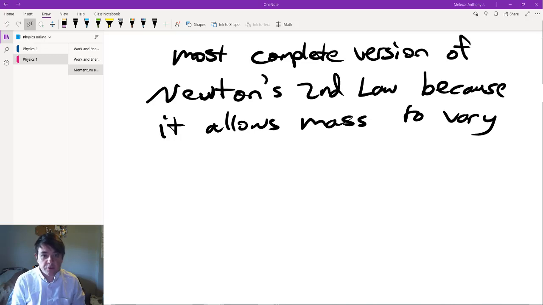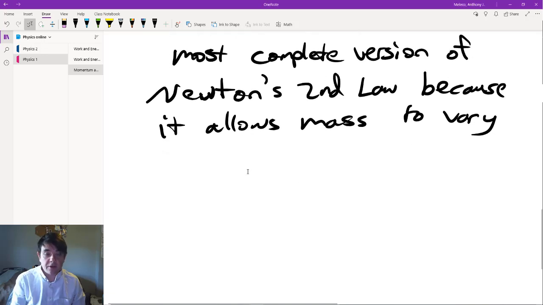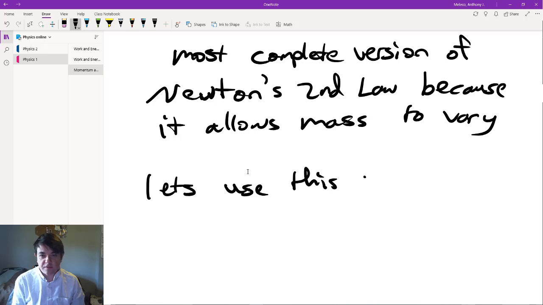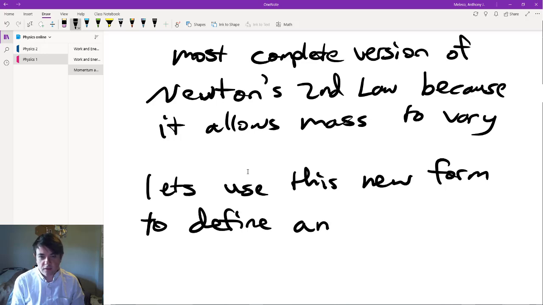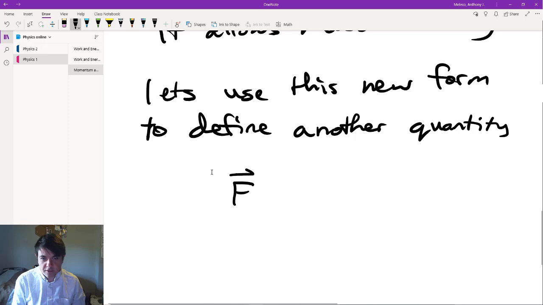So now I'm going to use Newton's second law, written in a different way, to talk about another property. Let's use this new form to define another new quantity. We've got force over here, and we've got change of momentum over time.